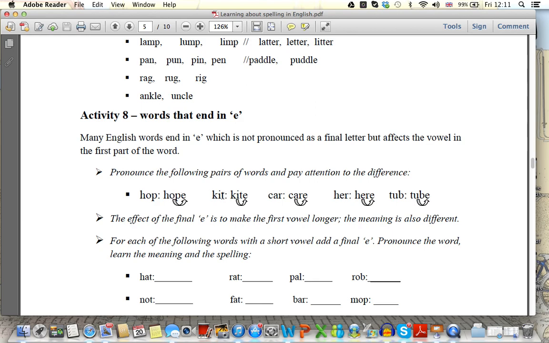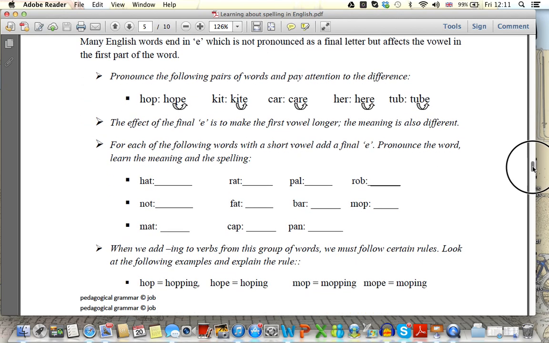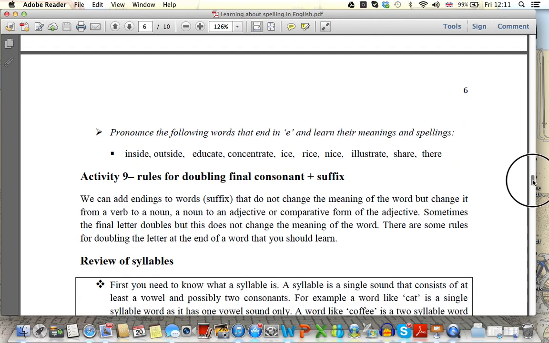Then we have kit, kite, car, care, her, here, tub, tube. So you see here that the final E is not pronounced, but it affects the first vowel sound, and there are lots of activities for you to do here.